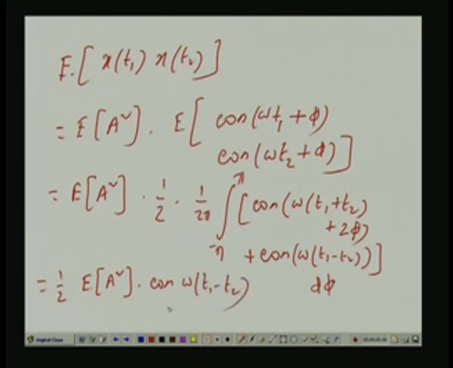If t1 and t2 are the same, say equal to t, then the cosine becomes 1, because this is 0, and obviously the power in that case will be half of E of mod a square. It can be easily generalized to the complex case.